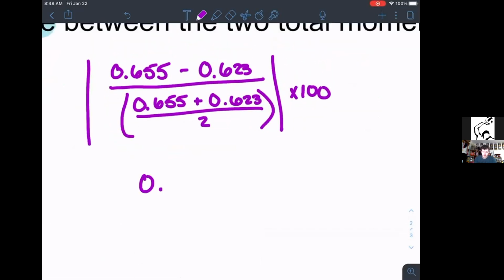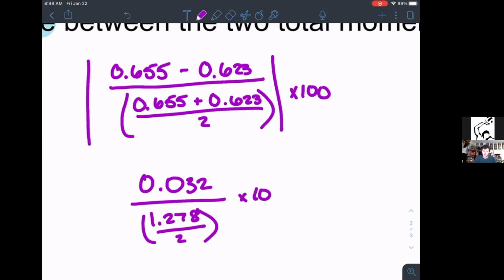We have the 0.655, add it, and then minus 0.623 gives us a 0.032, divided by the 0.655 plus the 0.623, which gives us 1.278, divided by 2, times 100.